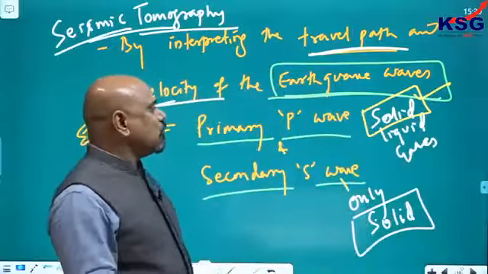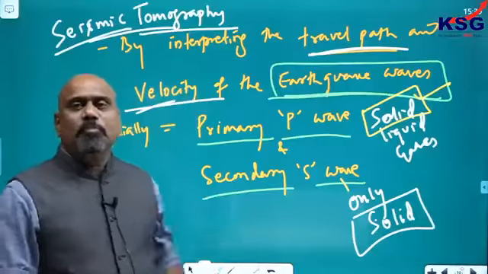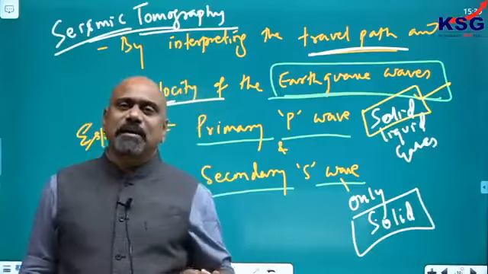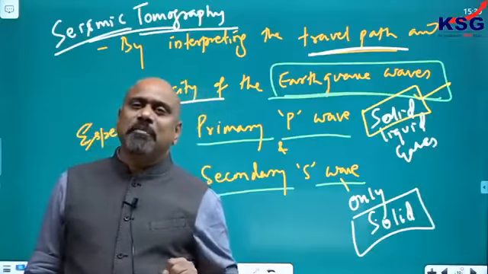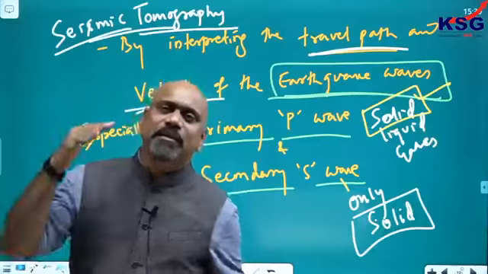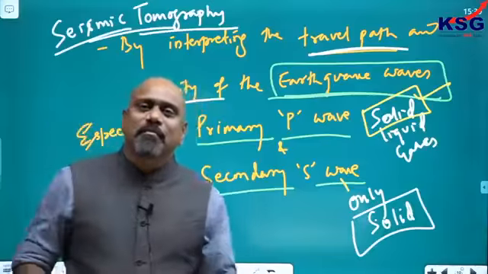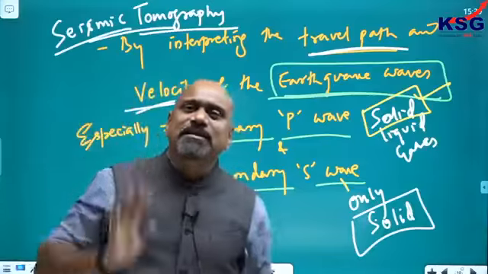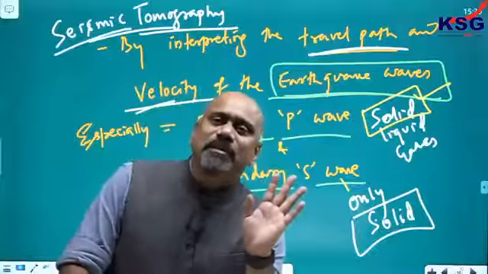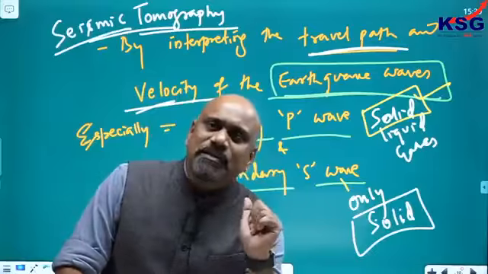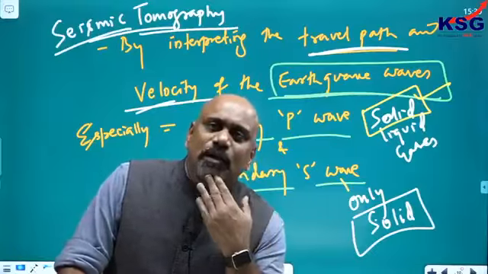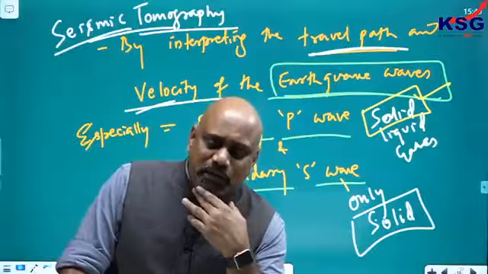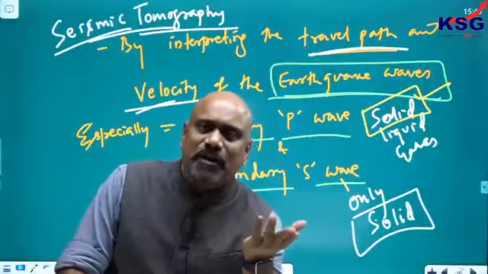So, if somewhere the velocity of the primary wave is very high, it means it is solid. But if velocity gradually decreases, it means it is not solid, maybe semi-solid. If it decreases again, it may be liquid or semi-liquid, the state of matter is different.